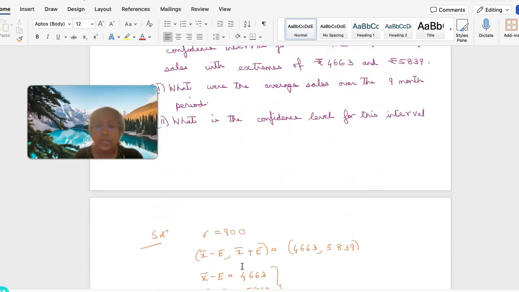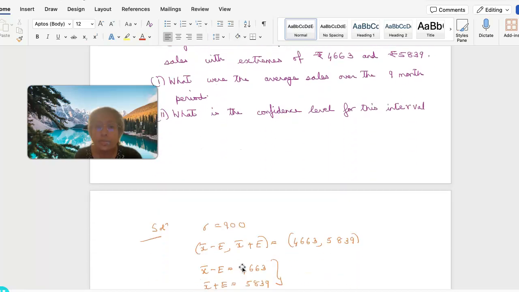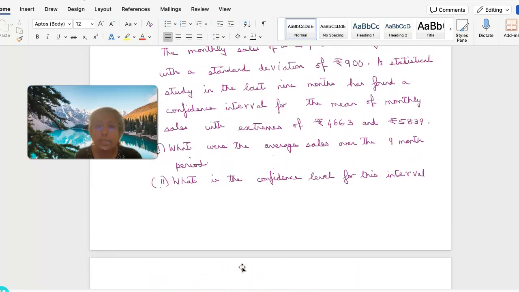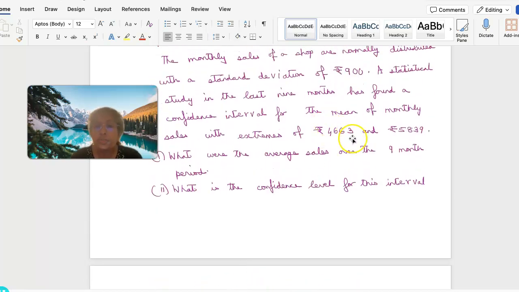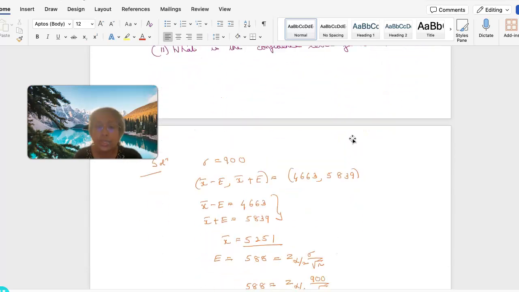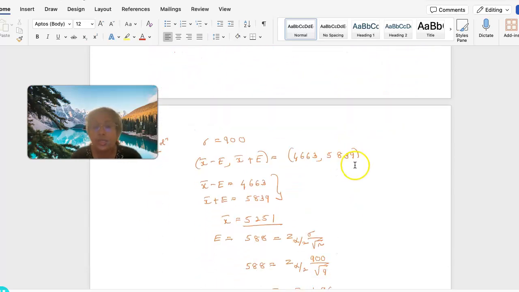So sigma is 900 and we have x bar minus e, x bar plus e, that's the confidence interval's extremes, 4663 and 5839. So x bar minus e is 4663, x bar plus e is 5839. Simplifying, you get x bar is 5251 and e will be 588.